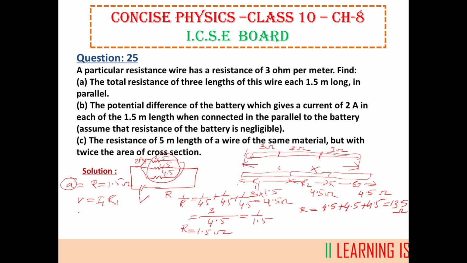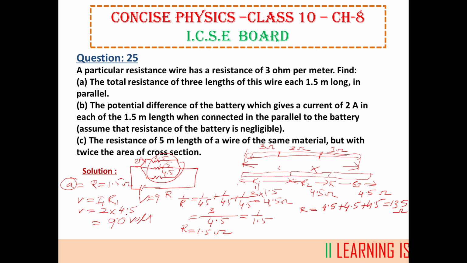So here V we don't know, I we know, 2 ampere, and R1 we know, 4.5. So if we multiply it, we get 9 volt. So the voltage applied here is 9 volt.